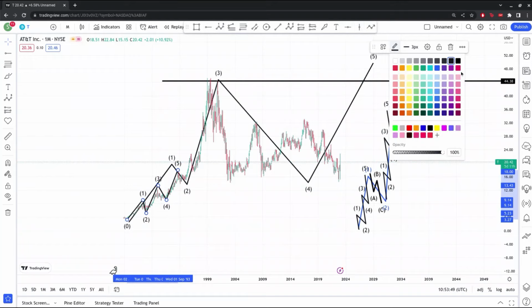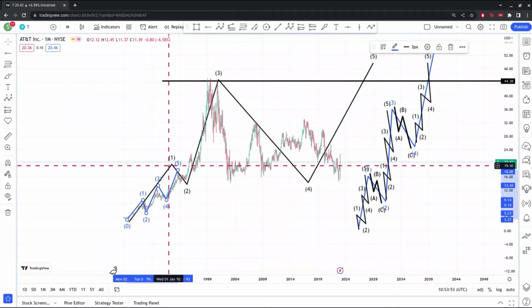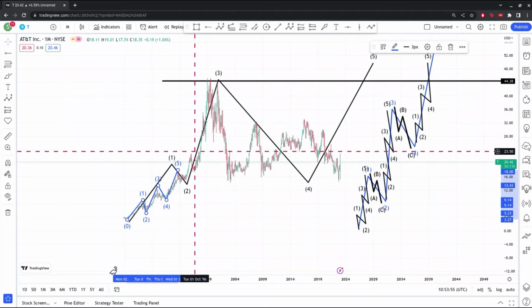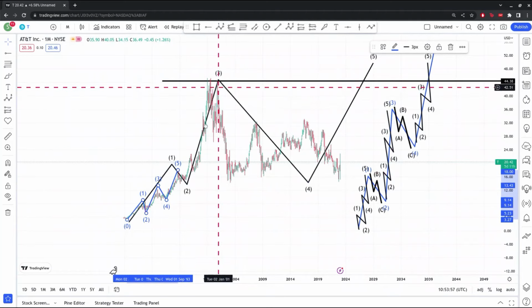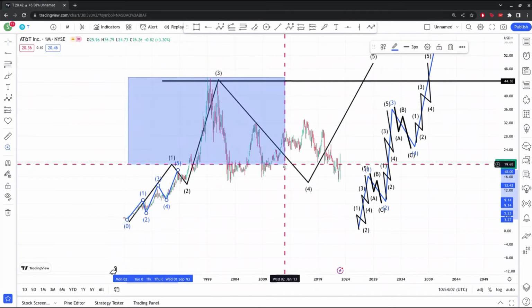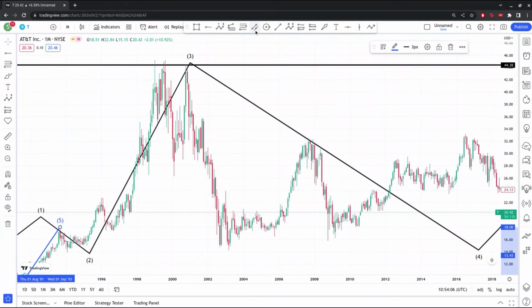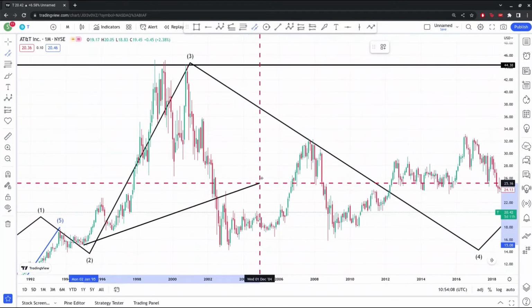So this is the first wave, the second wave, and now the third wave. I'm going to count the fractals within this third wave. If I zoom in, with the aid of my trend channel, I can get the fractals of the third wave easily.